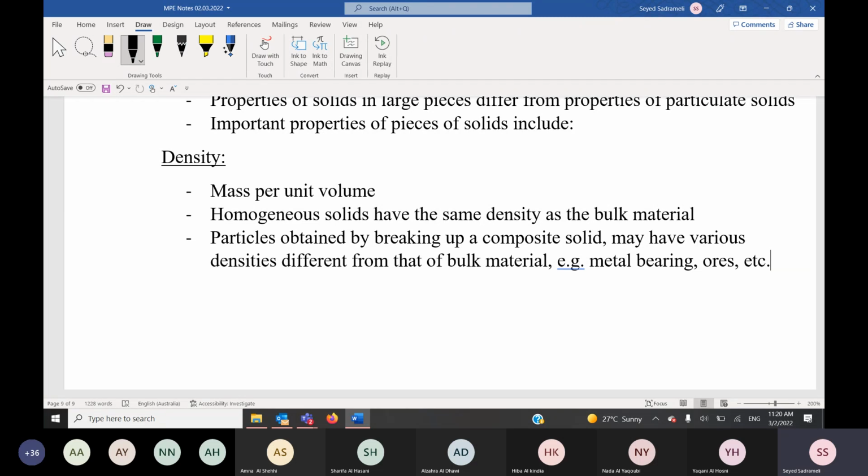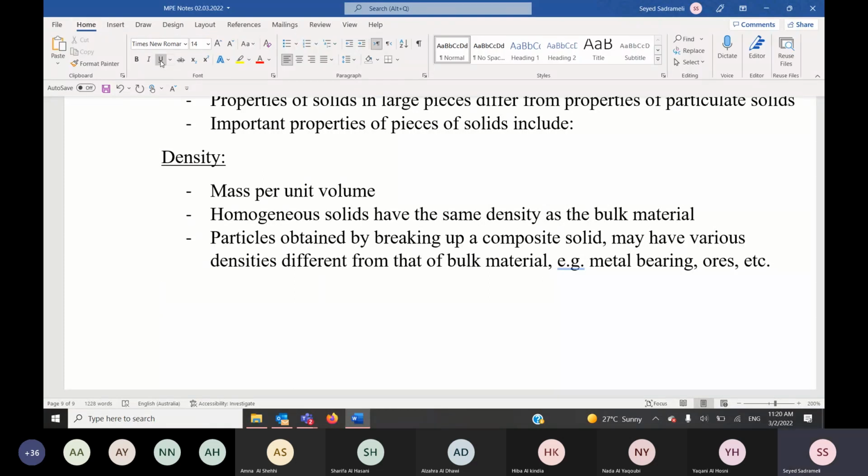The second is hardness. This is the resistance of solids to being scratched, called the hardness of the solids on the surface.